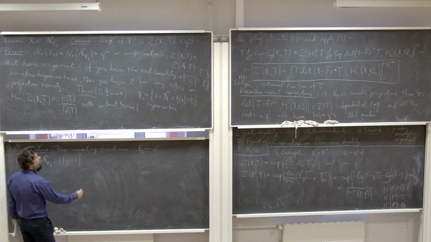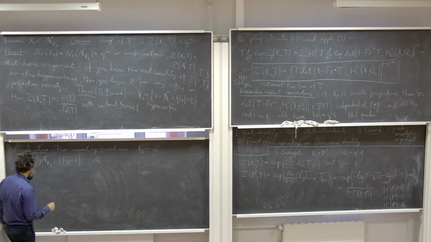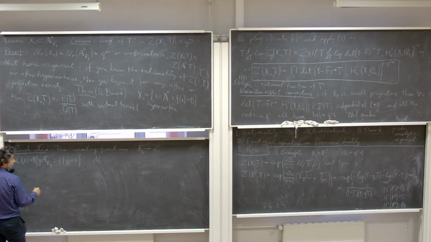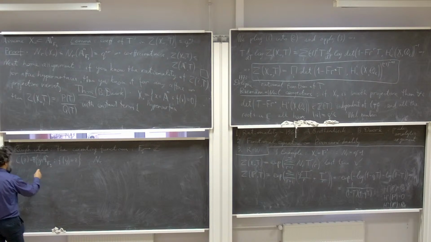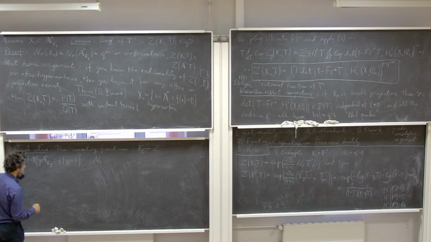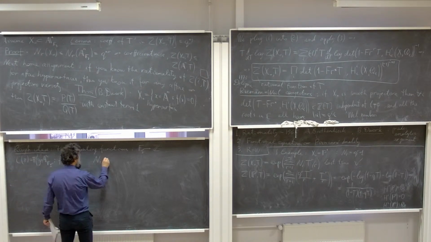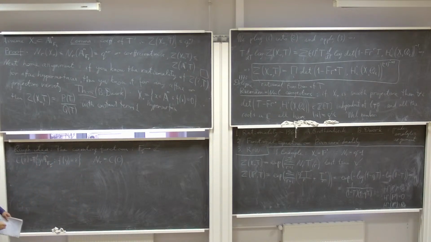Okay, so in particular, N_r, or maybe I should say over F_q to the power r, is just C of 0, the counting function at 0.